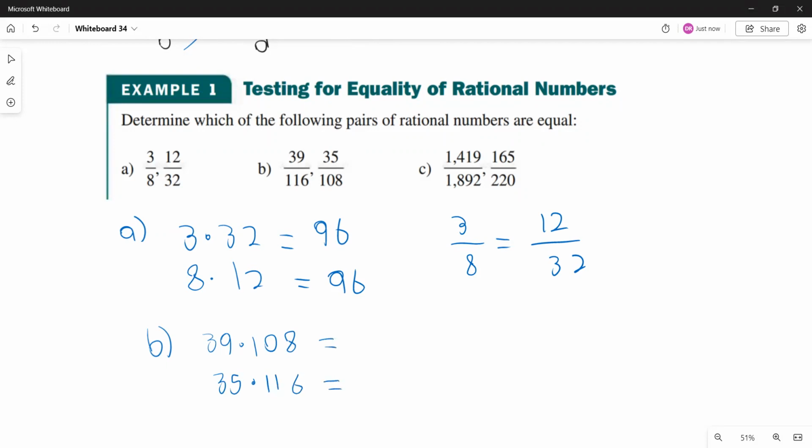That one is more difficult to reduce, but let's compare the products. 39 times 108 is 4,212, and 35 times 116 is 4,060. So these rational numbers are not equal to each other.